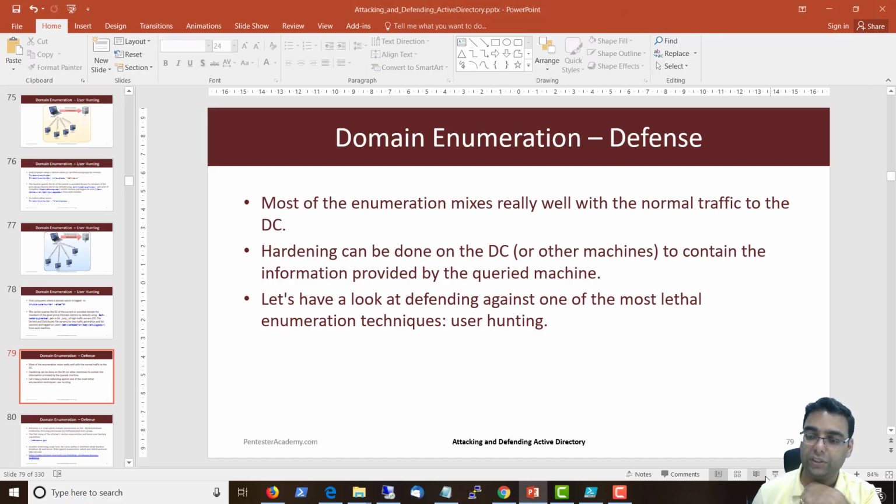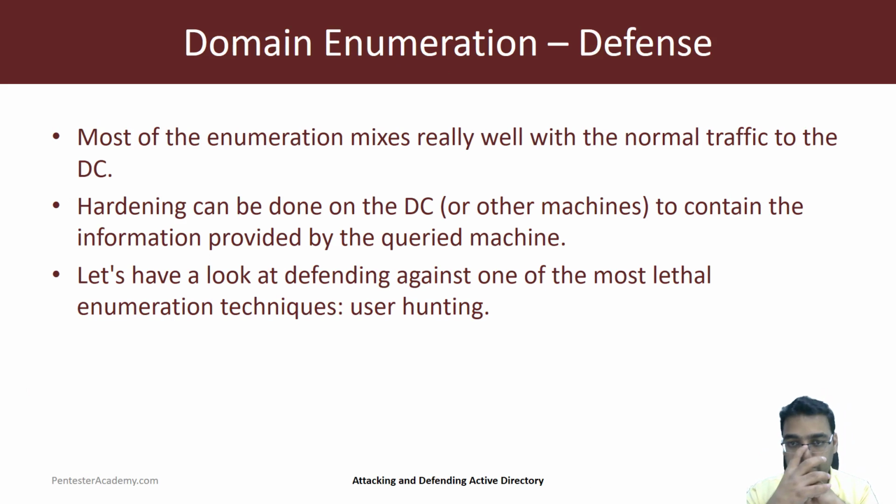So there is not much difference when it comes to our enumeration. The intrusive one, the local admin access and the domain admin access, which we looked at just a couple of minutes back, is a bit intrusive, but really not easy to catch.